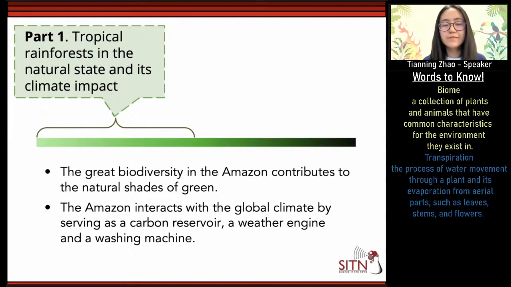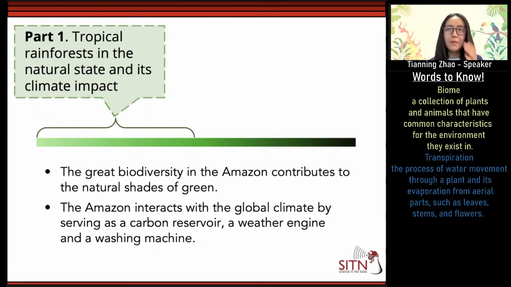Awesome. Okay. Another question we have is, without the Amazon being a weather engine, would Boston get hotter, colder, wetter? That's a very good question. For this weather engine concept, we will touch on that in the third part.